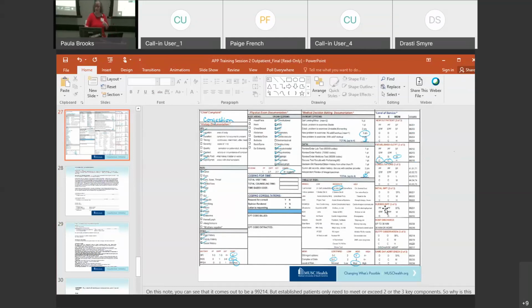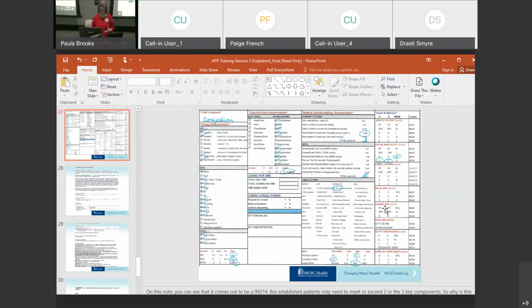Especially when you've got an established patient that looks like it could be a 5, but the components only come out to a 4, you have to think about, okay, how sick is this person really? If this person, like I said, had been in there with a severe asthma exacerbation, now this is an immediate threat to this patient.